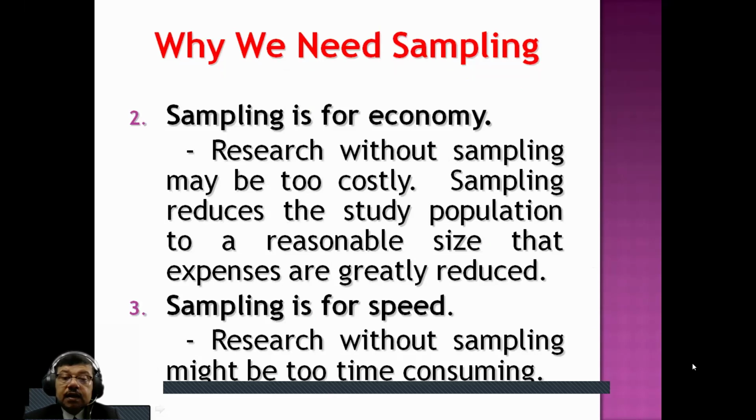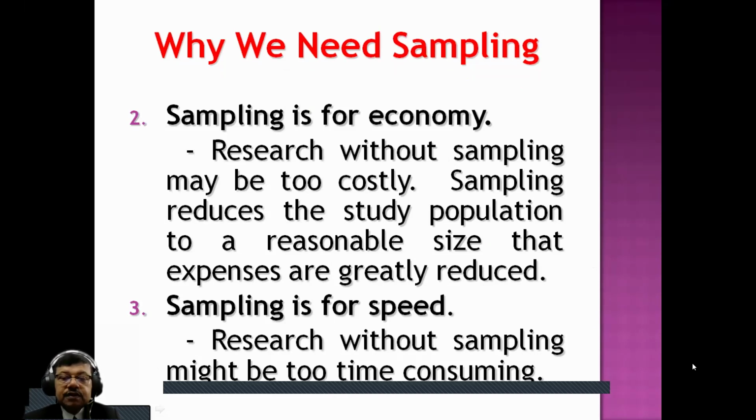Then why is sampling for economy? Yes, research without sampling may be too costly. I have just mentioned that if you want to get connectivity with all the subjects of the population, it is almost impossible from the costing point of view.